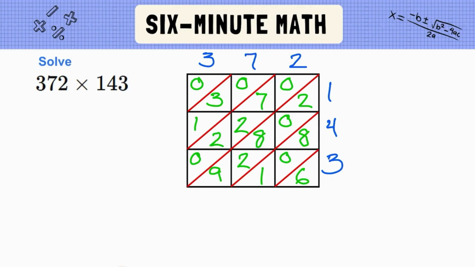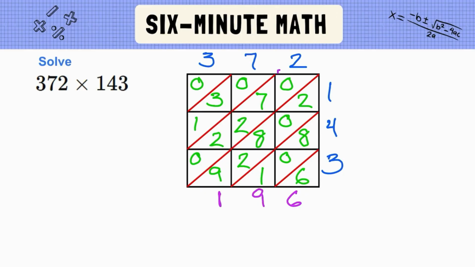I add up on that diagonal. 6 is my ones digit. 1 plus 0 plus 8 is 9. 9 plus 2 plus 8 plus 0 plus 2 is 21.